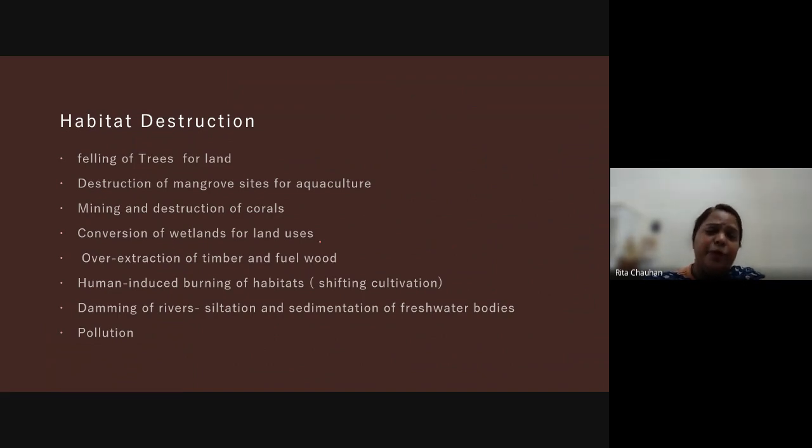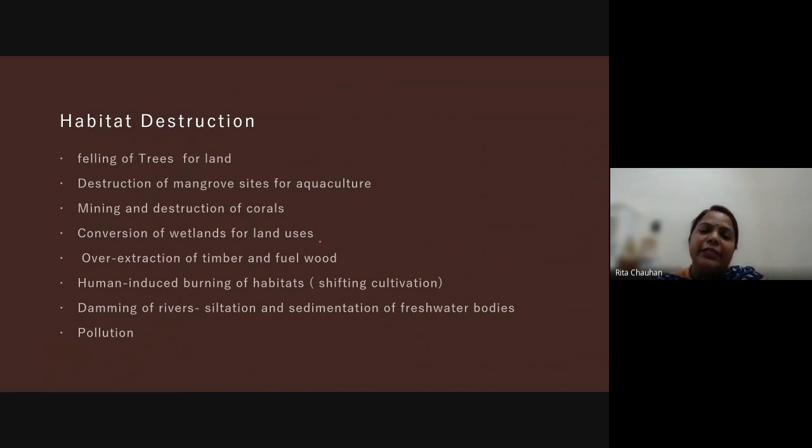Then we are doing over extraction of timber and fuel wood. This is also destroying the forest habitat. Then many times we do shifting cultivation. In certain hilly areas, generally people grow crops in a particular area, and they burn that area and then do the cultivation in another area.